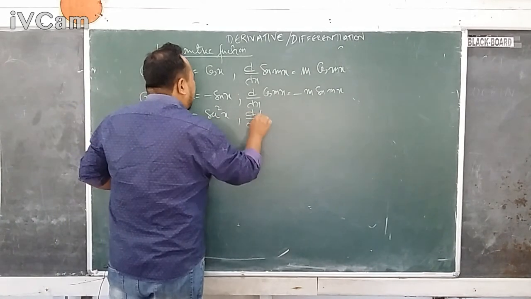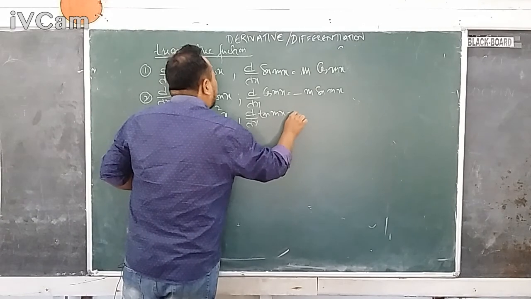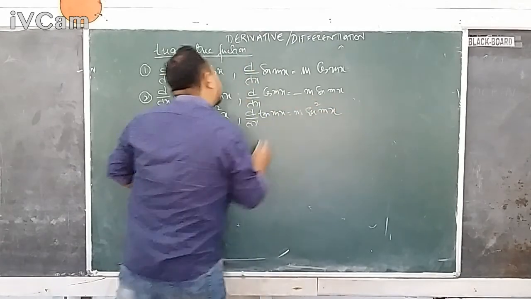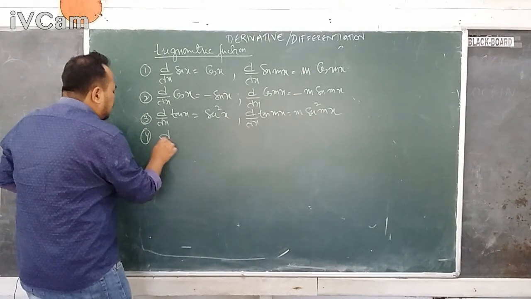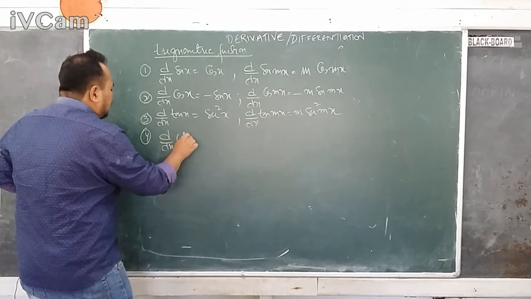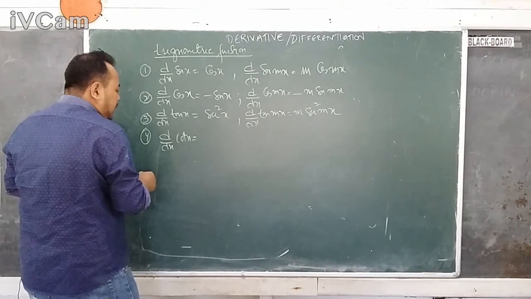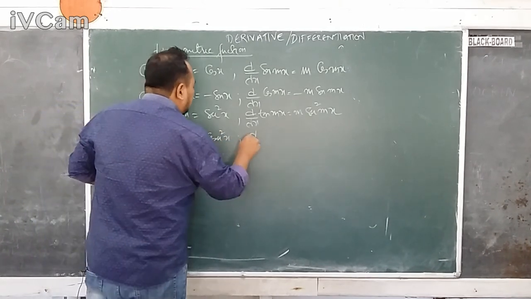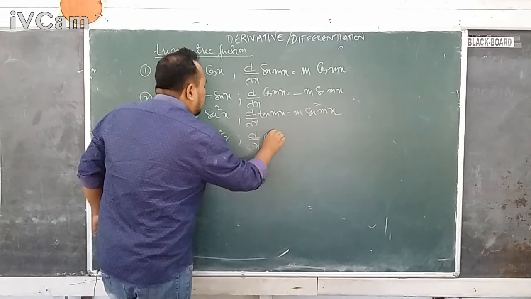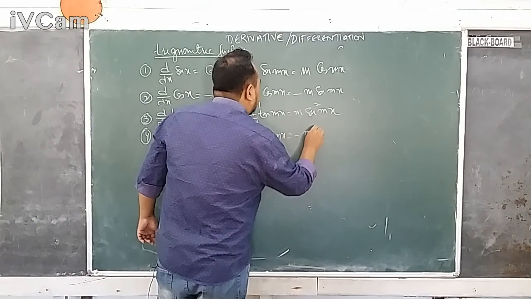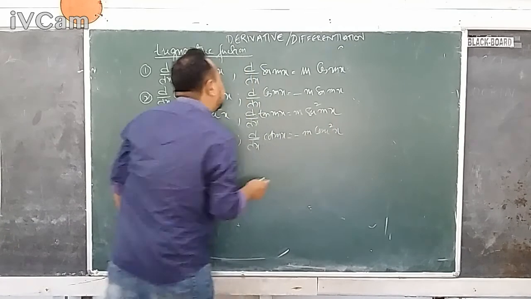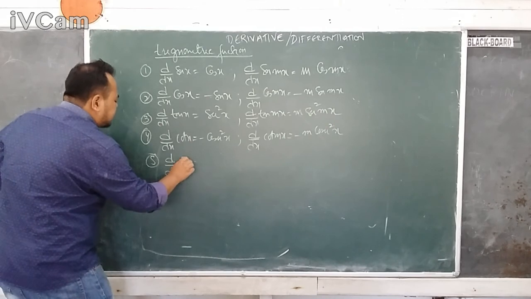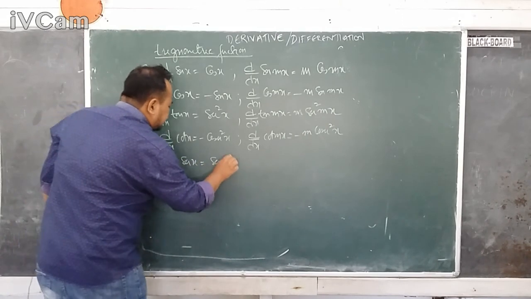d by dx of tan mx will be, m will come in front, and differentiation of tan is sec square mx. Formula number 4, d by dx of cot x will be minus cosec square x. So d by dx of cot mx will be minus m cosec square mx. Formula number 5, d by dx of sec x will be sec x tan x.